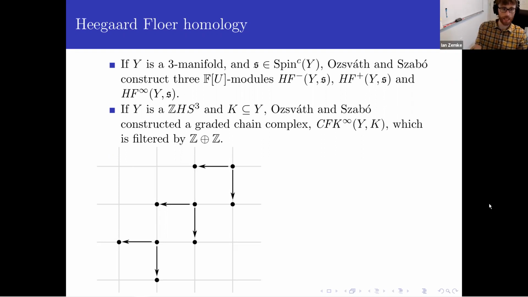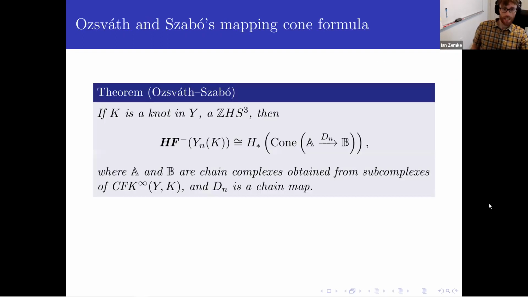So there's the trefoil. One of the reasons that it's so useful to study knot Floer homology is that there's a mapping cone formula for surgeries. I think one of the main motivations for defining knot Floer homology, other than the fact that it's this algebraically beautiful object that tells you a lot about topology, was trying to compute the ordinary Heegaard Floer homology of surgeries.